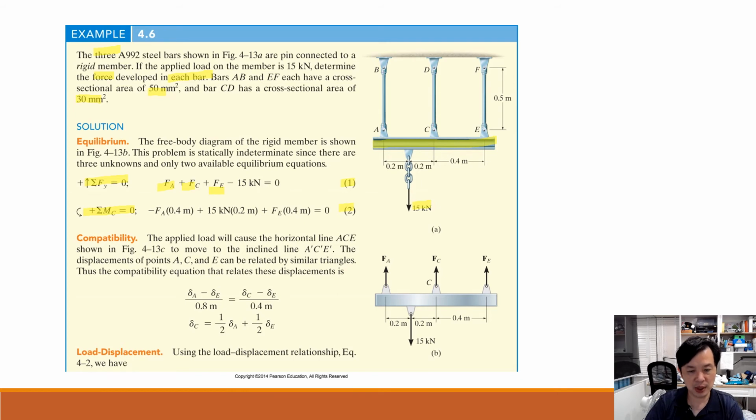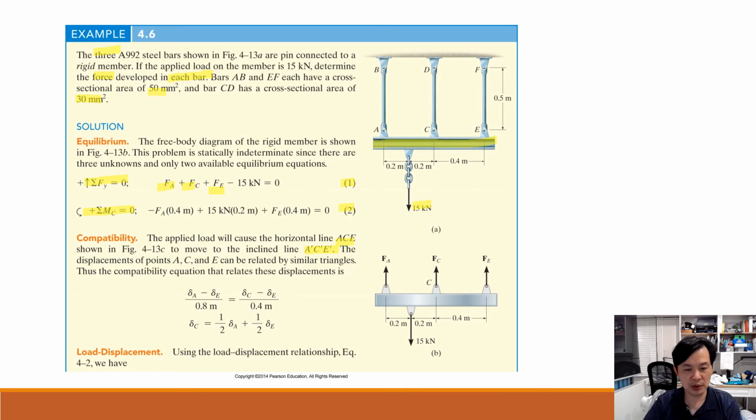What's the additional one? Since ACE is a horizontal line, just like this, before the loading, after we apply the load at this point, although it may extend in different lengths in each case, they should keep in a straight inclined line as A prime, C prime, E prime.